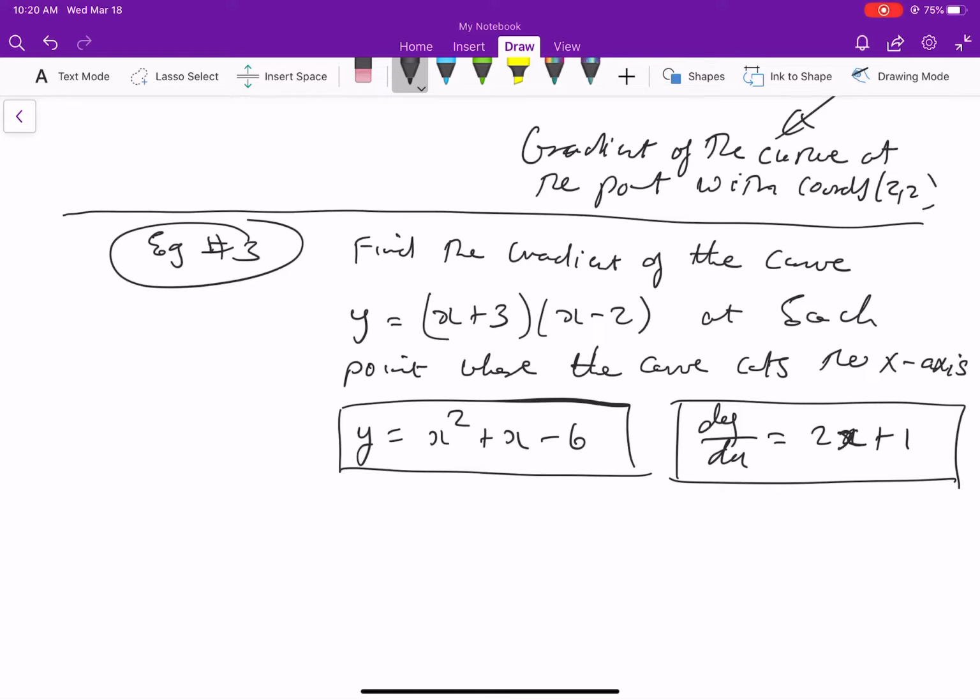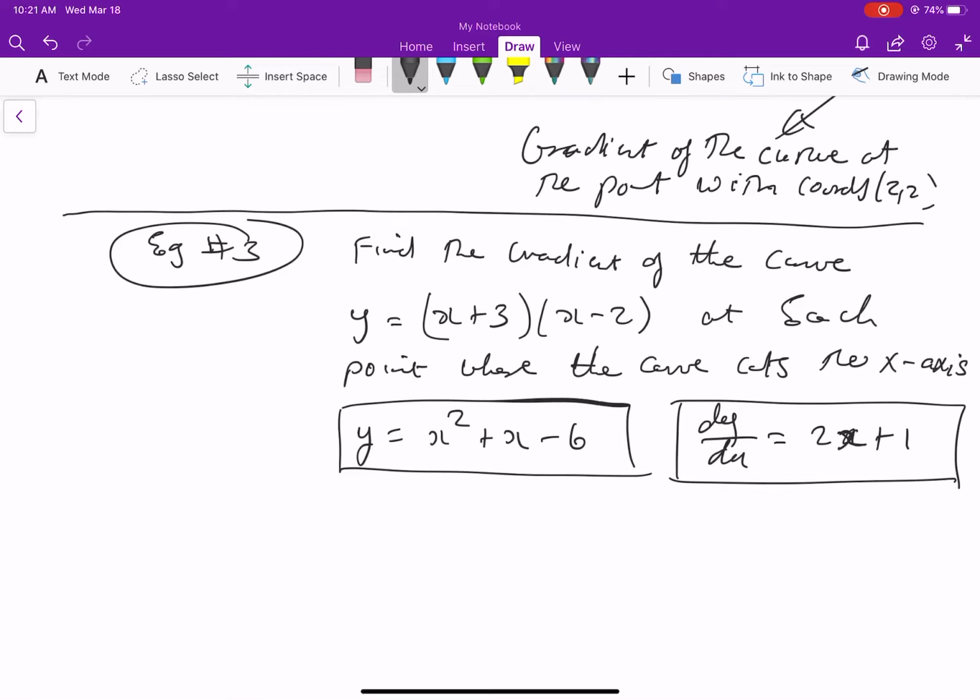Notice in this example, they did not give you, or certainly not directly, the x value to plug in, because they want the gradient at each point where the curve cuts the x-axis. So the curve has to cut the x-axis at some point or some set of points. They didn't give us that.